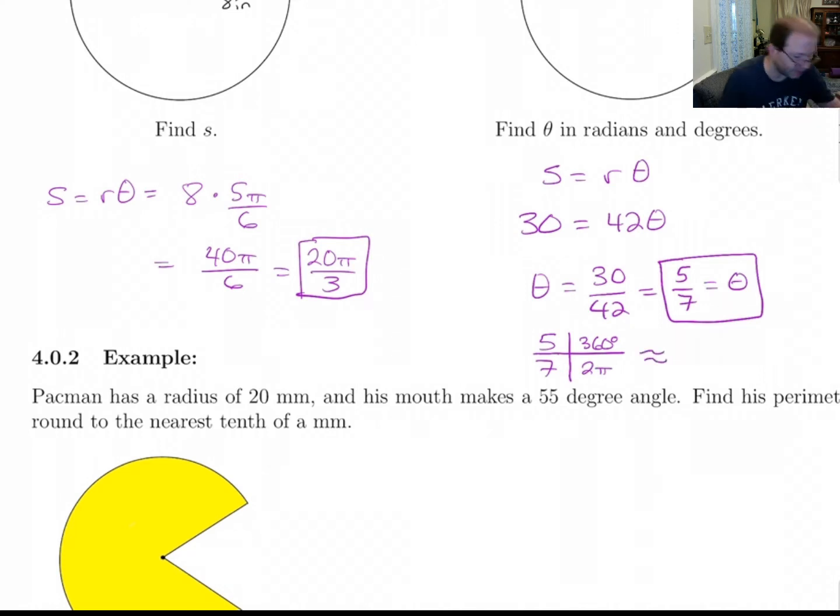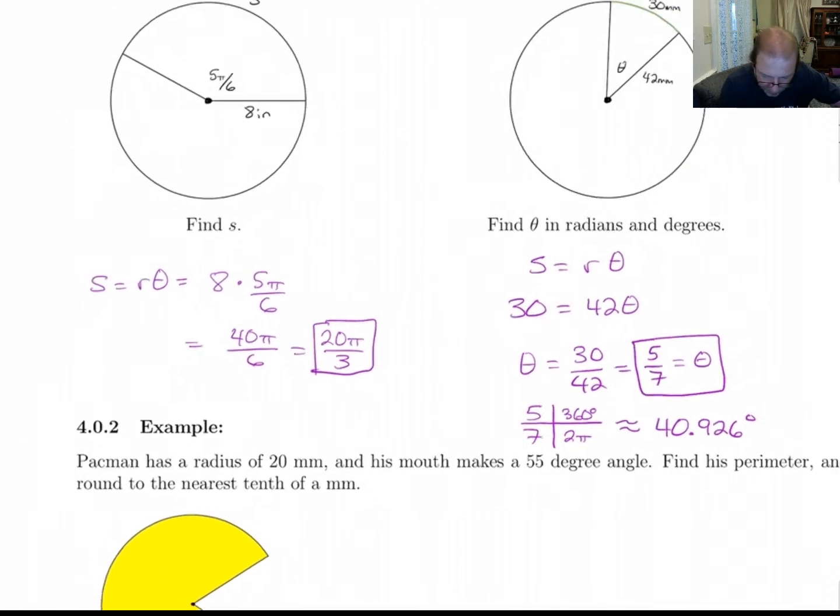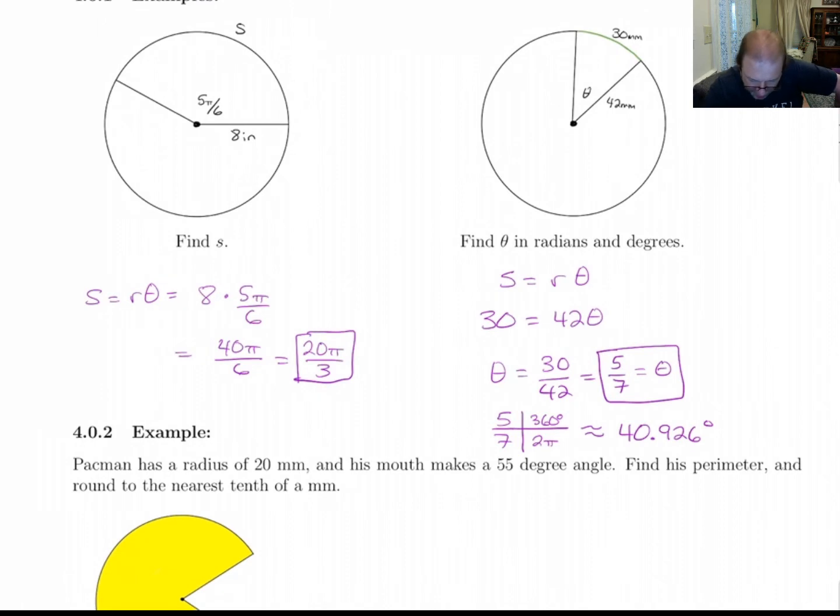And let's just get this as an approximation. 5/7 times 360 over 2 pi gives me 40.926 degrees. Now, when I drew that up there, I don't really know if it's to scale or not. But anyway, that's the angle in degrees.